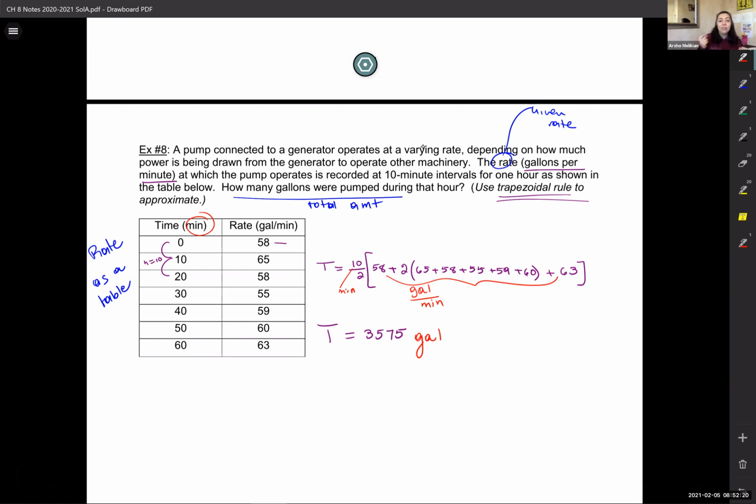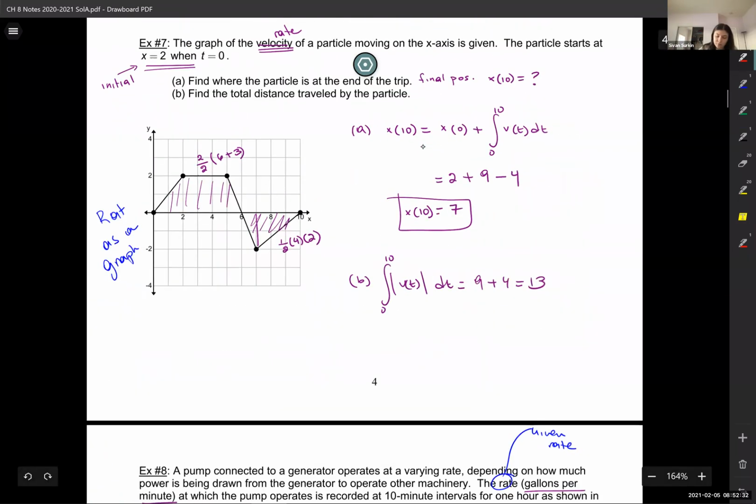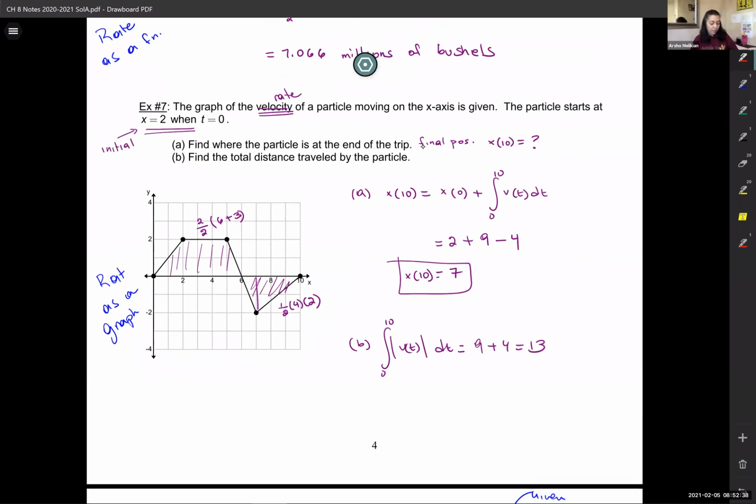Do you see how it comes out in the math to the right units? That's how you know your math is right. Unit dimensional analysis.